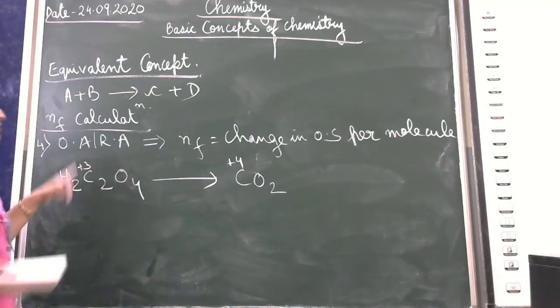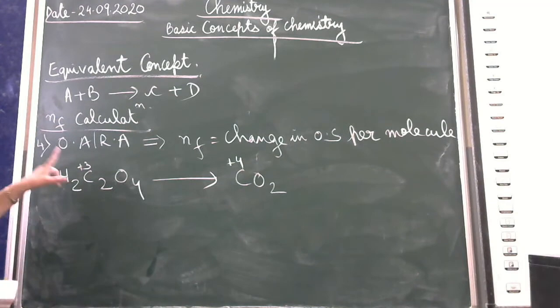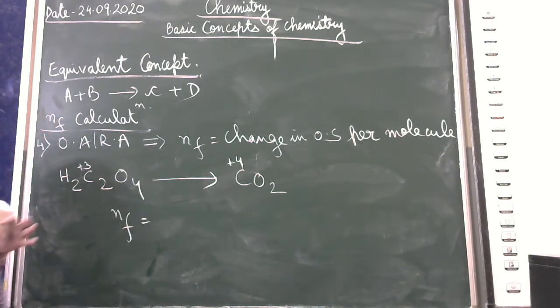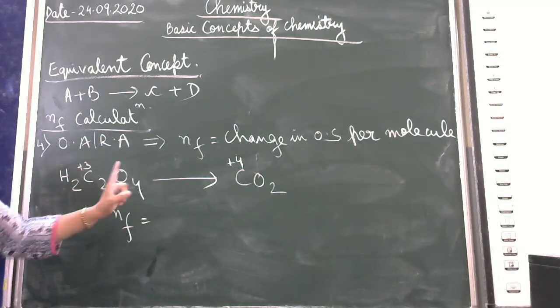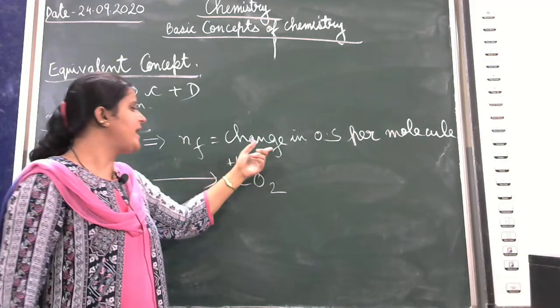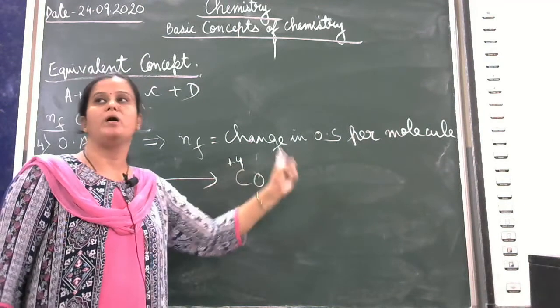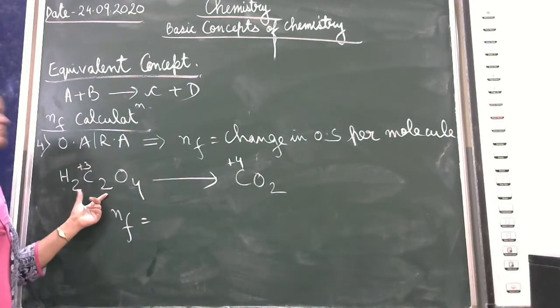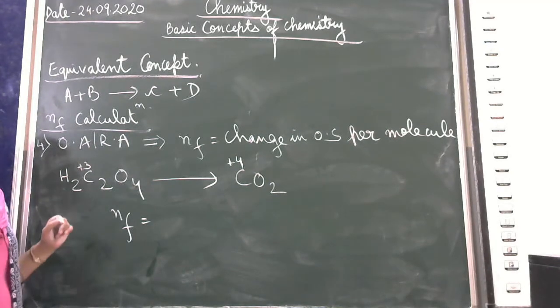So what will be the n factor here? Most of the students say the change is 1. But remember, n factor is the change in the oxidation state per molecule. Per molecule means in this molecule you will check how many carbon atoms there are.